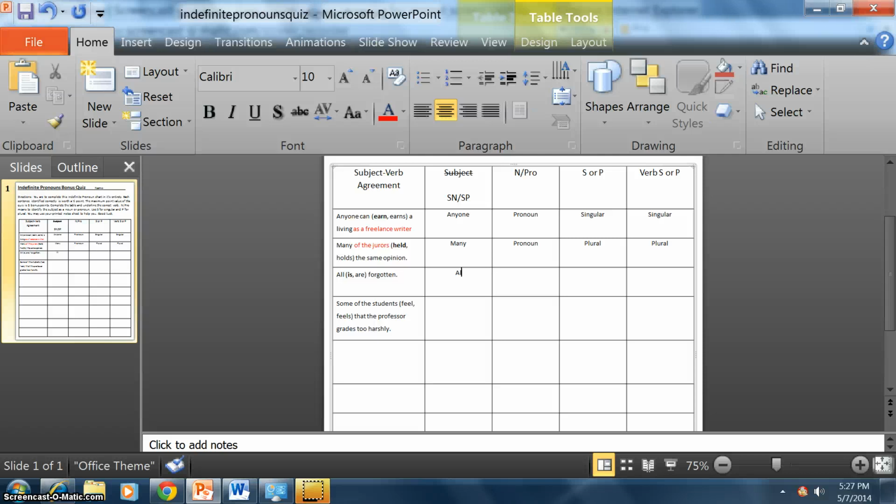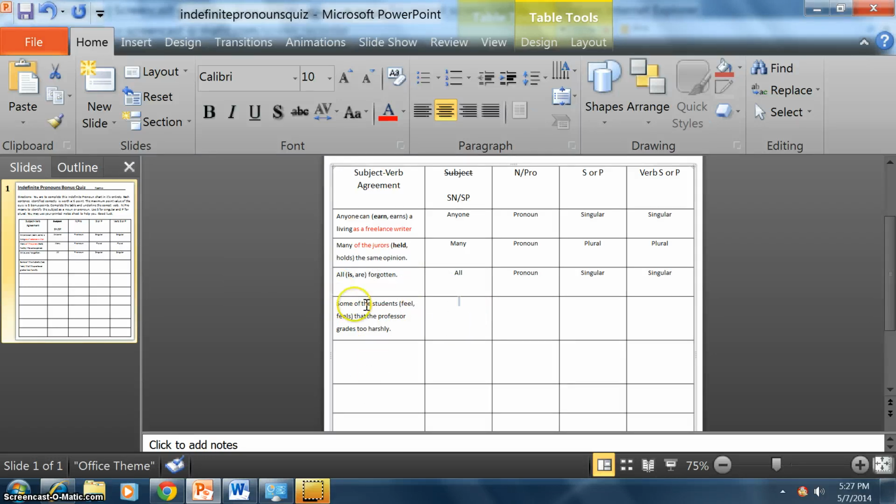So I'm going to have all right here. I know that it's a pronoun according to my chart. The word is helps me determine that this is going to be a singular pronoun and a singular verb. All is forgotten.